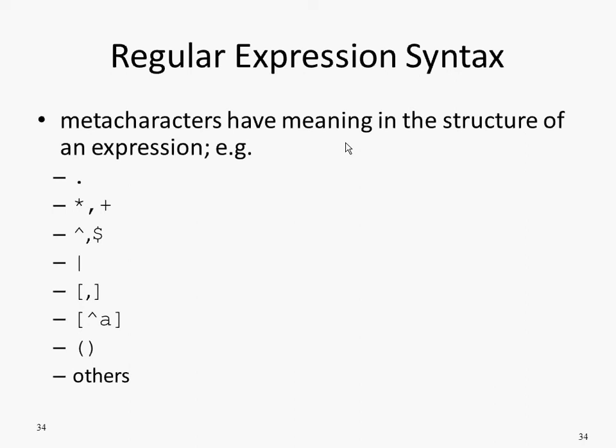Yeah, any sequence composed of A's or B's. So does it match an empty sequence? Yes, because it's star, so it's 0 or more of these. Does it match A? Does it match B? Does it match AA? Does it match AB? Does it match BA? Yes, okay. All these. So that's good.